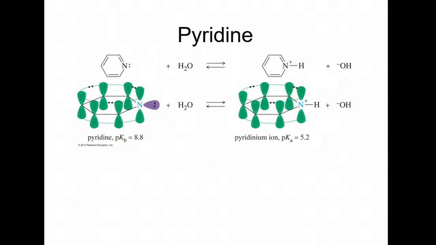Then they start showing you the pKa's. They actually show you a pKb, but if you just look at the reverse, with the hydrogen, this acts as a pretty good base. It's not great, but it will act as a base.